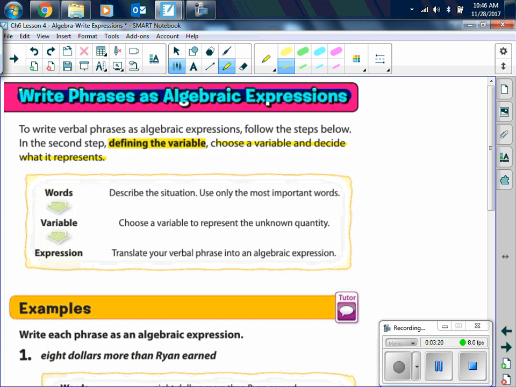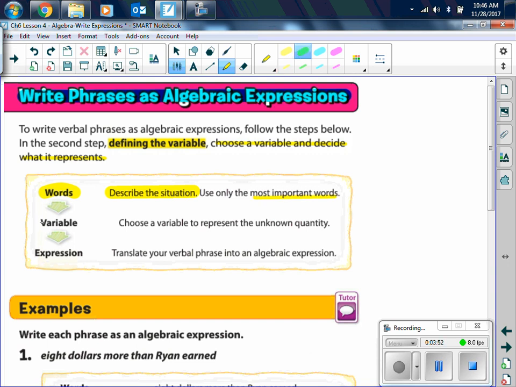Okay? So, these are the steps you're going to take. So the first thing you're going to do is you're going to look at what's given to you in words. So here, you're going to describe the situation. And you know, when we do our word problems, we always say, what's the important information? Because that's what we need to look at. So here, when you describe the situation, you're going to only use the most important information. Okay?